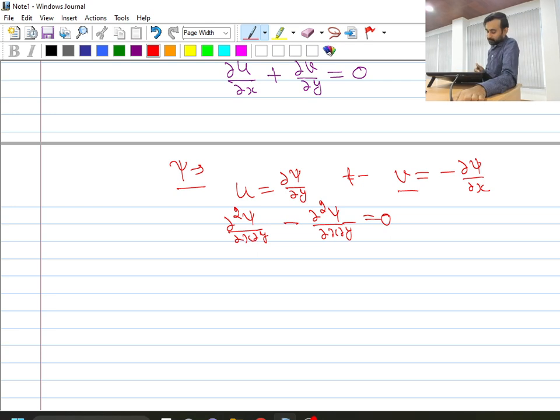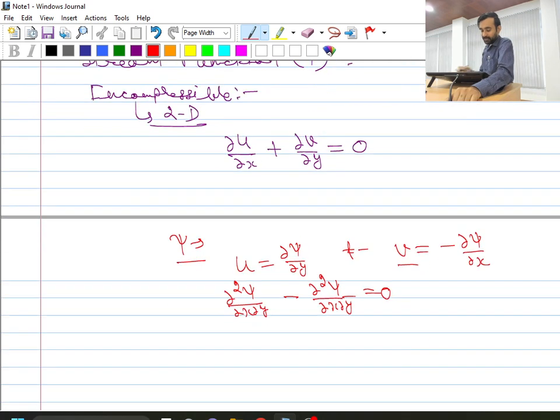Okay. So this type of function, which helps us in reducing the total number of parameters and which inherently satisfies the continuity equation, is called a stream function. Okay, this is called a stream function. But one important point you have observed is that this stream function I was only able to define for two dimensions.